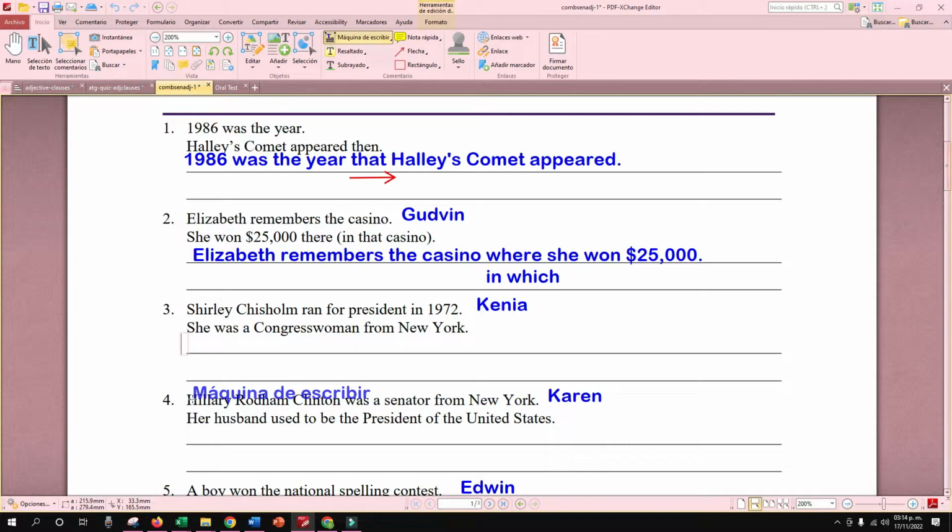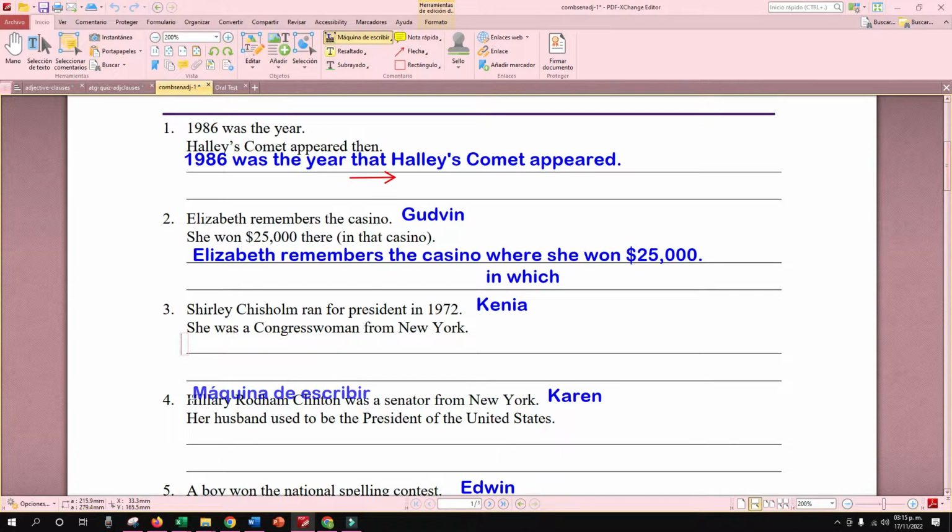She was a congresswoman from New York, which is, we surely should run for president in 1972. 72.